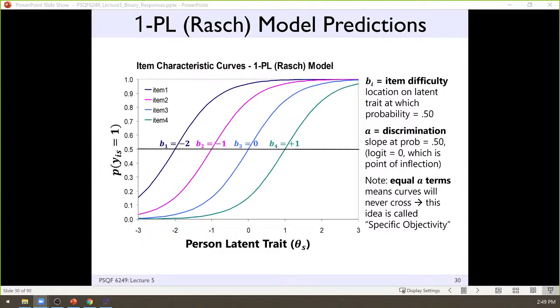So what would happen from a Rasch perspective is that if you found an item whose slope wanted to be not like the others, you would throw it away. The world that I grew up in is you have your data and you try a model and see if it fits. And if it doesn't look like it fits, you try a different model and see if that fits. And you keep trying different models until you figure out what the right model is.